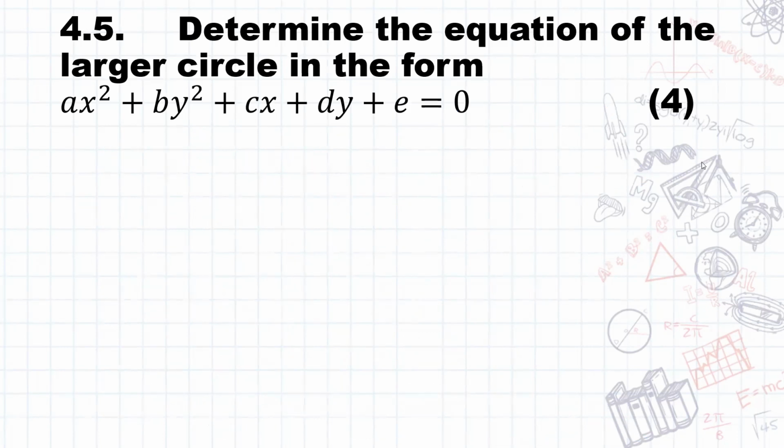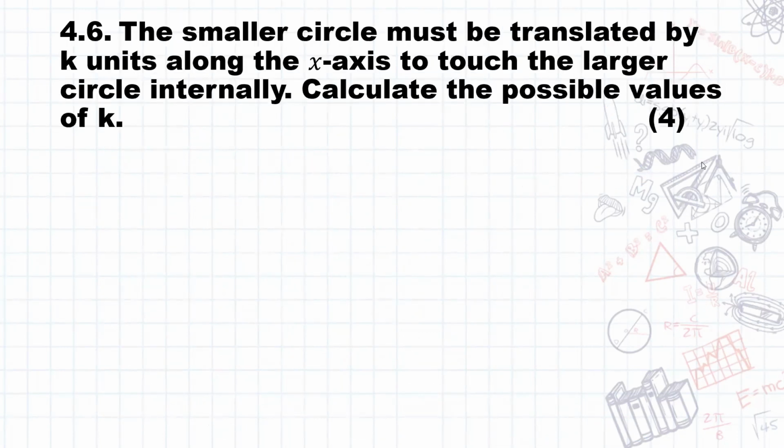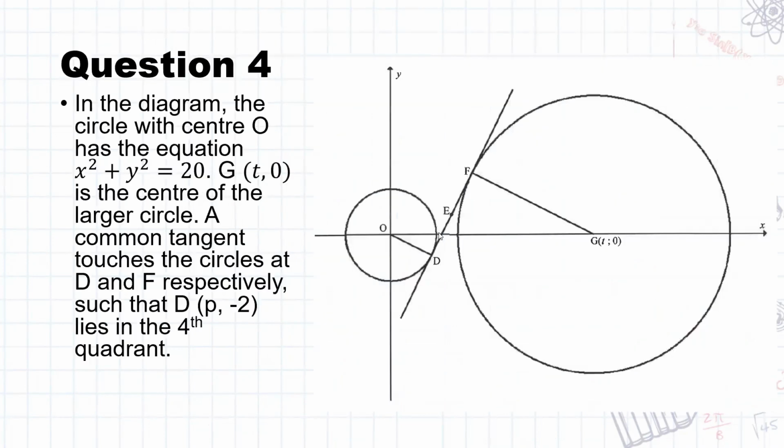All right. The final question says, the smaller circle must be translated by k units along the x-axis to touch the larger circle internally. Calculate the possible values of k. Okay, and at first glance, this question looks awful. I mean, what do they mean? But if we go and look at the circle here, we can see that what they're saying is to take this part of the circle and shift it inside our larger circle.